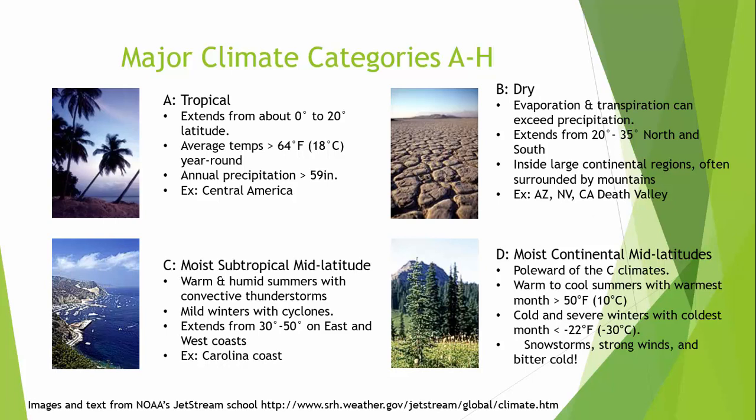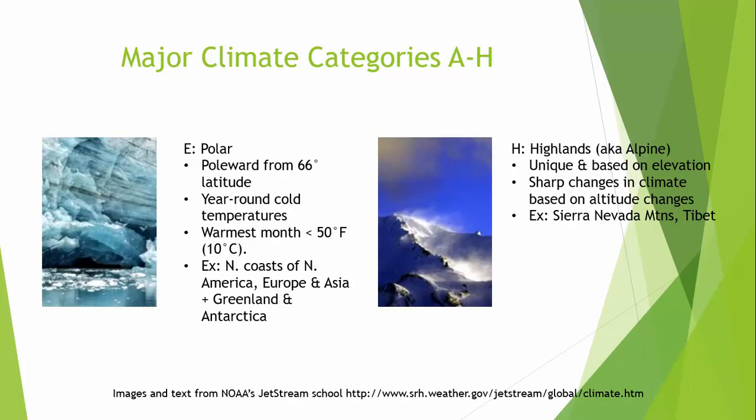And what separates these is that if you're on the coastal regions, you're going to have more moisture, and you're also not going to have as many extreme temperatures. And so when you're talking about these moist continental mid-latitudes, they tend to get warmer in the summer and colder in the winter than the moist subtropical mid-latitudes, which are moderated by the coast, which keeps them from getting too hot or cold.